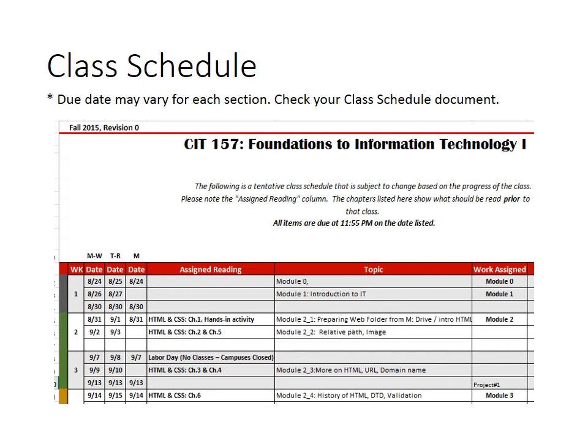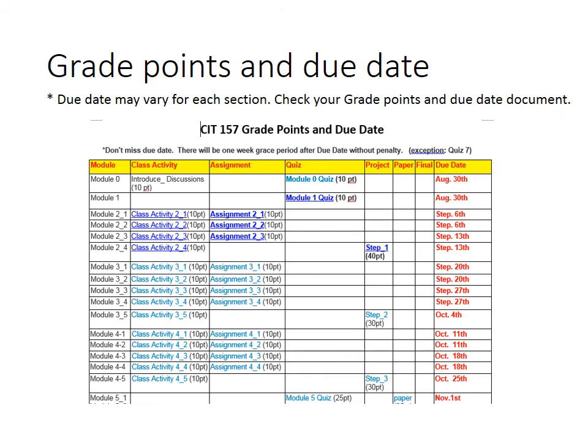In the class schedule, I have listed assigned readings and topics according to each week. Due dates would be different from this screen. Check your own class schedule document. In the grade points and due date document, I have listed all class activities, assignments, quizzes, projects, and paper with the possible points and the due date.